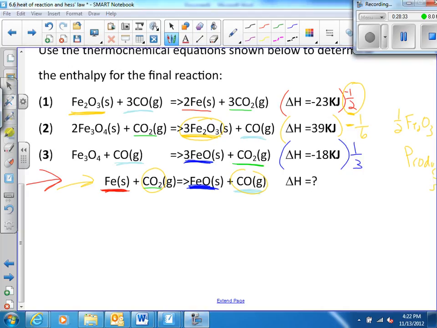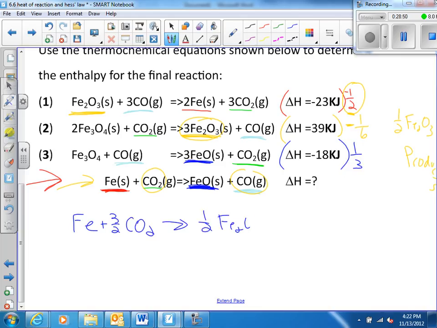I had to multiply the first reaction by -1/2, and I'm not going to do the reactions all color-coded at this point. So I reverse it. I'm going to have 1 Fe, 3/2 of a CO2, 1/2 Fe2O3, and 3/2 of a CO. Second reaction, -1/6. I've got to reverse it and multiply everything by 1/6.